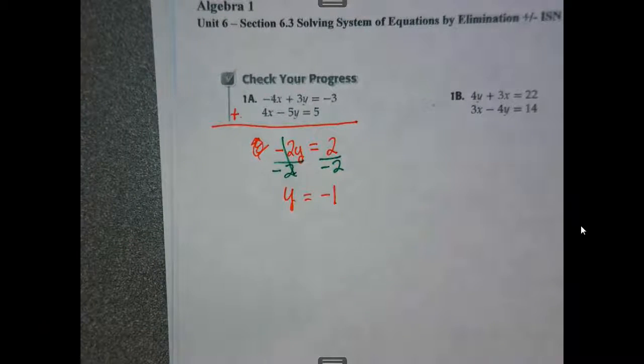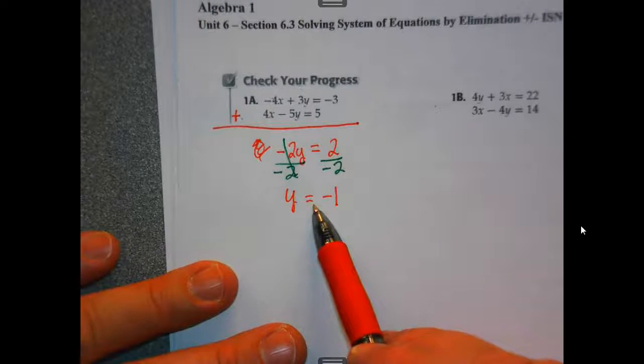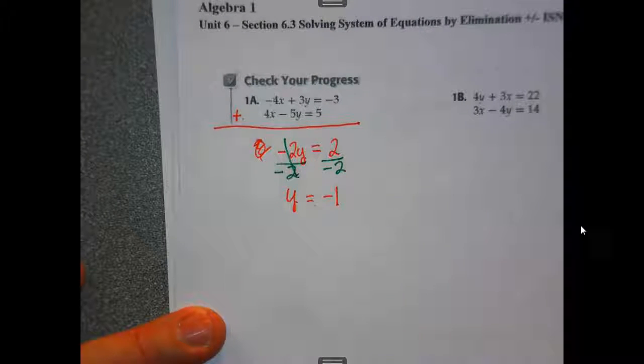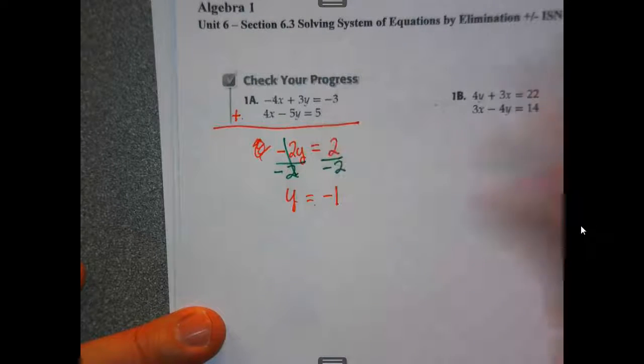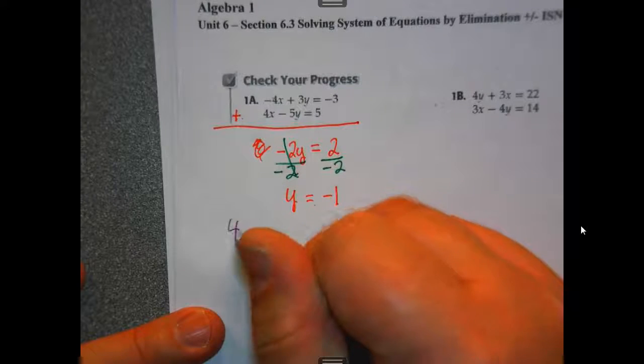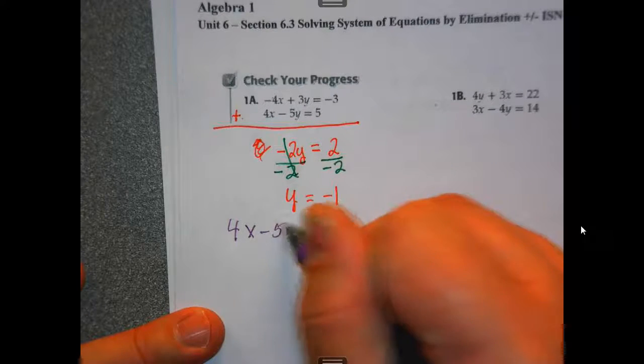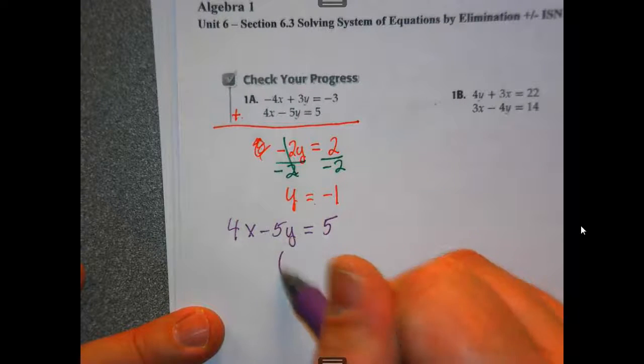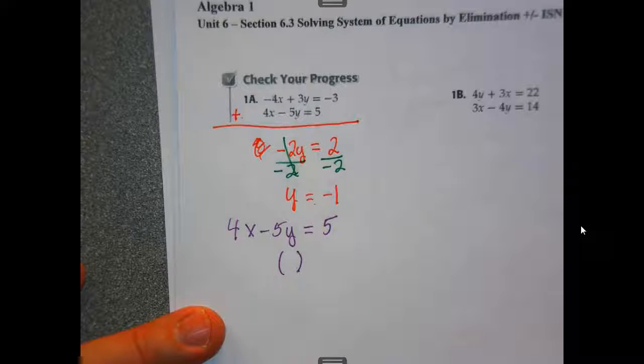Please go back and get the x. We know that it intersects at one point. Choose an equation. I'll choose the bottom one: 4x minus 5y equals 5. I know that my y here is negative 1.